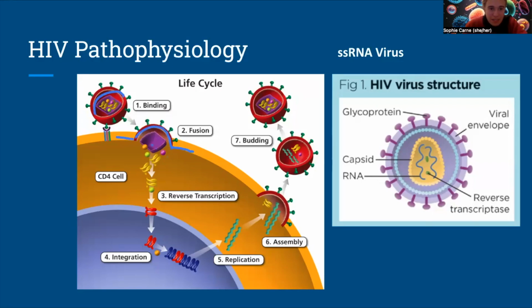The capsid is emptied into the cell, and the RNA inside the virus gets reverse transcribed and integrated into the host cell's DNA, so that the host uses the DNA to start replicating more HIV viruses, and all the different proteins that go into HIV get assembled at step 6. Then they bud off the host cell, and in that process, the CD4 plus cell is destroyed. That's what leads to the CD4 count declining over time.